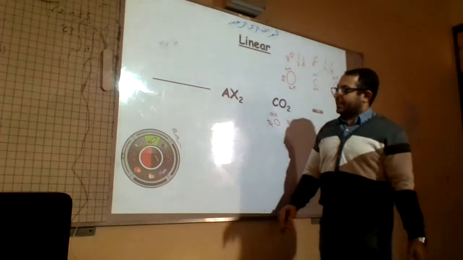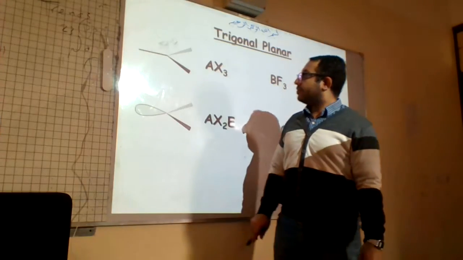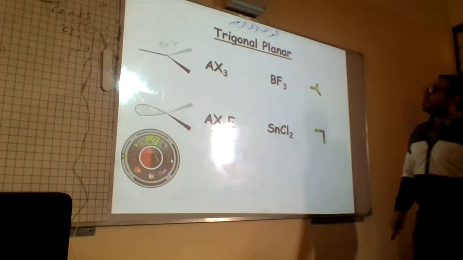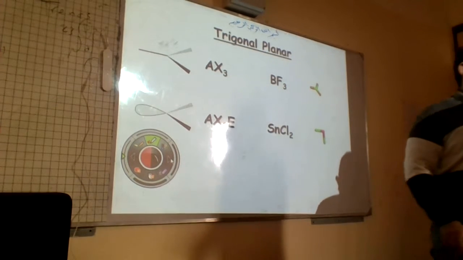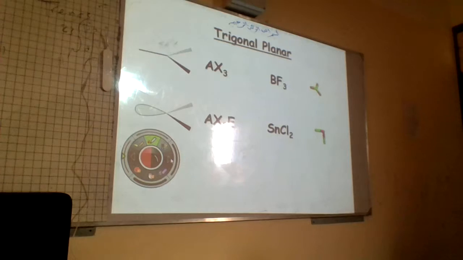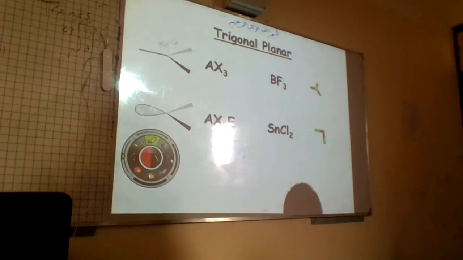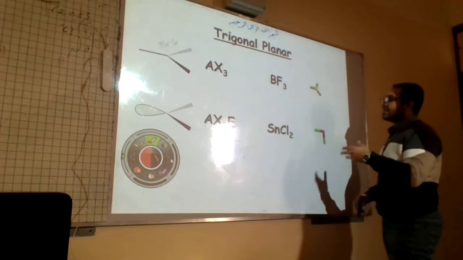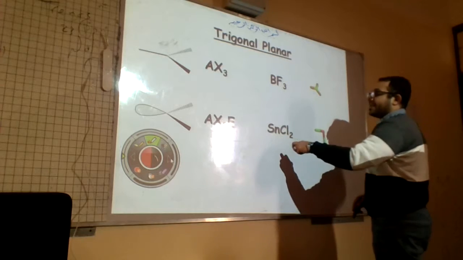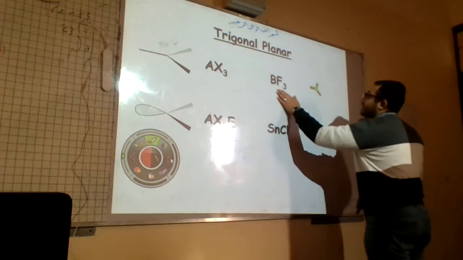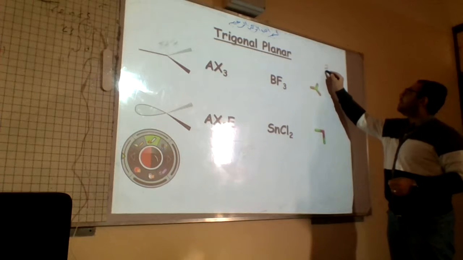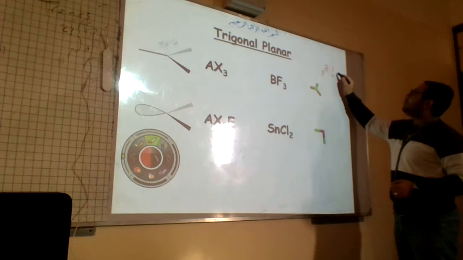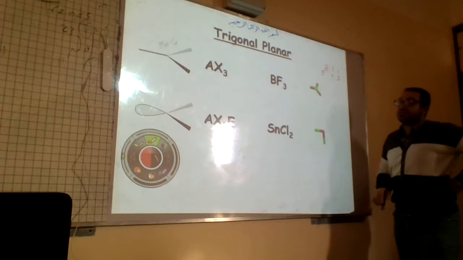Okay, let's take the next shape: triangular planar, meaning a flat triangle. Let's see how this shape works. We'll take two examples: SnCl2, where the atomic number of Sn is 50, and BCl3, where the atomic number of boron is 5, so 2 and 3: 3 electrons in the outer shell.